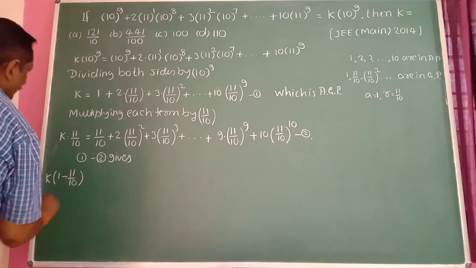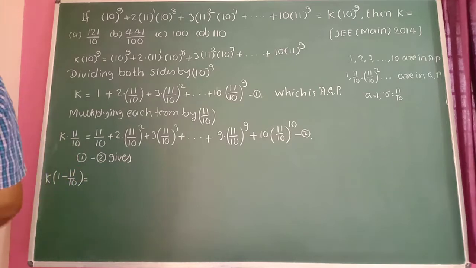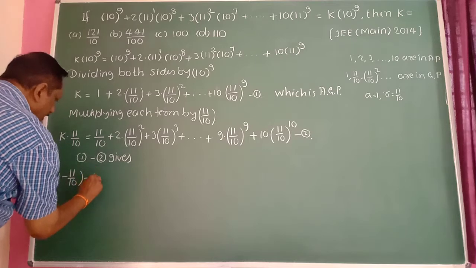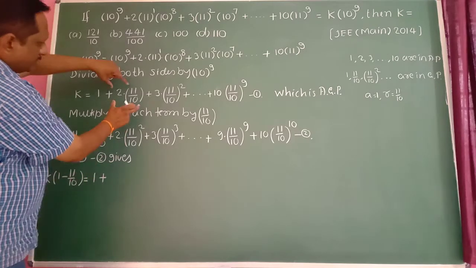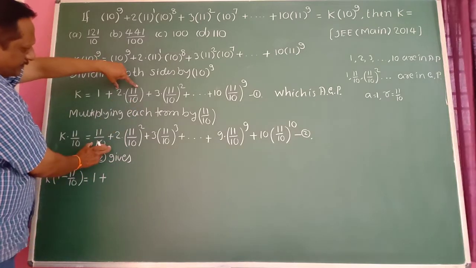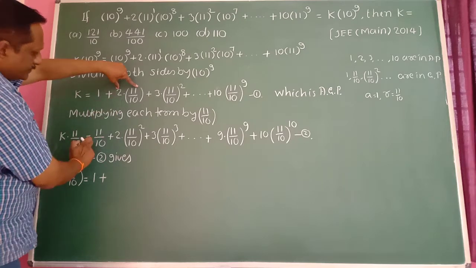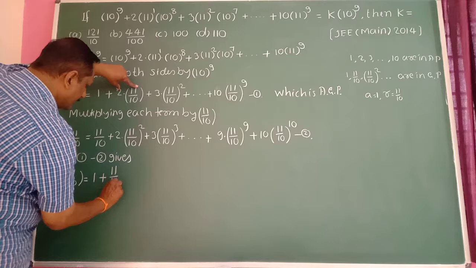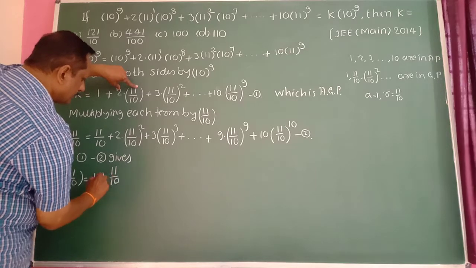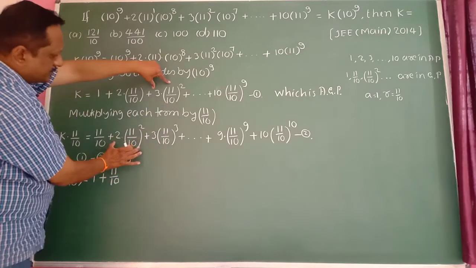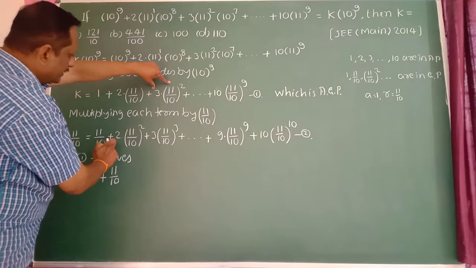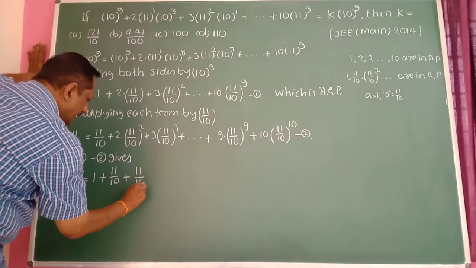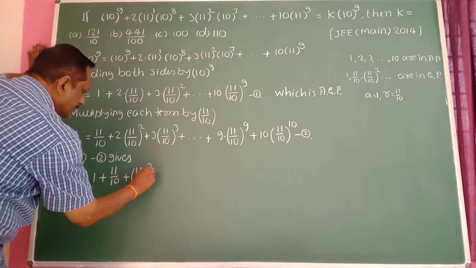Then this is equal to, write this one as it is, so 1 plus, then this term minus this term: 2 minus 1 becomes 1, so 11 by 10. Then this term minus this term: 3 minus 2 gives 1, remaining 11 by 10 square.